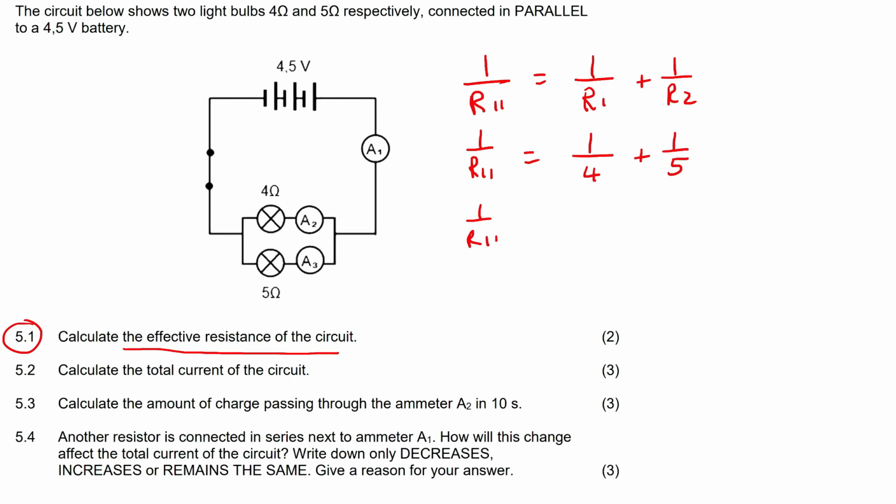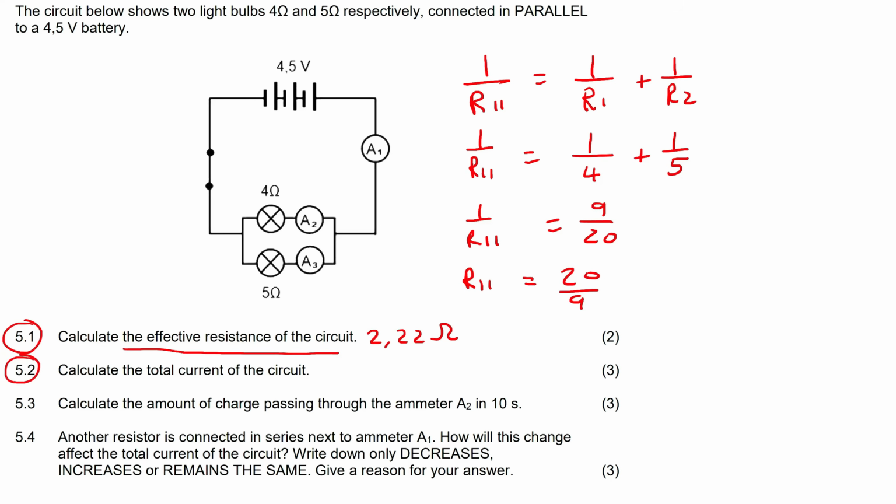You can just put this on the calculator, and that's going to give us 0.45, which is 9 over 20. Then all that you do is you flip both sides upside down, and so that's 20 over 9, which is 2.22. So 2.22 ohms.